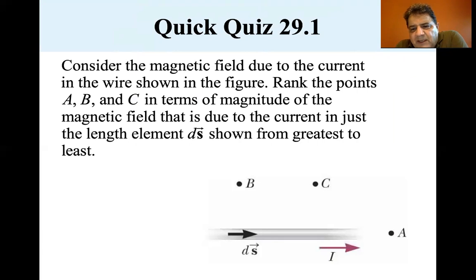Well, B is the closest, and it's at right angles to r. So r cross ds would be greatest there because it's at 90 degrees. Then C is a little further along, and A is in line with ds, so r cross ds would be 0. So it would be B, C, and A. B is greater than C, which is greater than A.